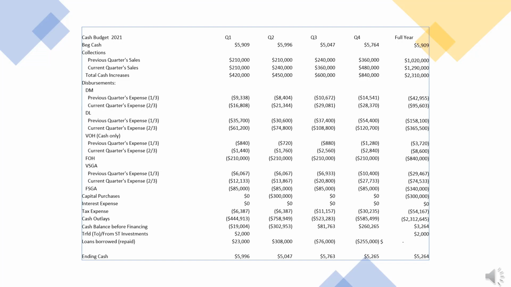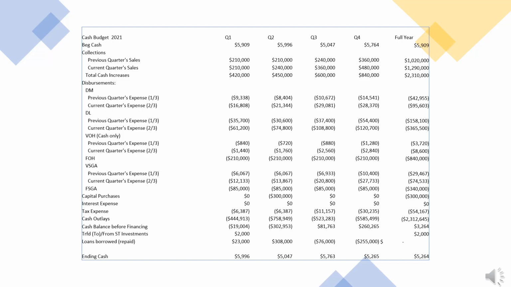The variable portion is, again, you stagger it. 1/3 is $720, 2/3 is $1440. Those two go together. The variable SG&A, again, you stagger it, and you only reflect the $85,000 in cash fixed SG&A.